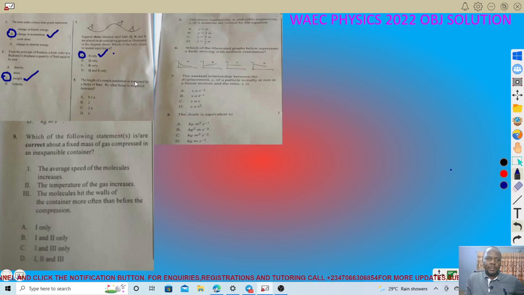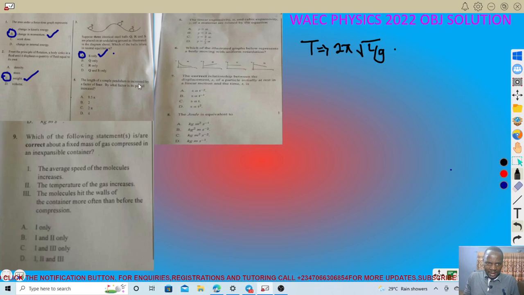Next, guys, next question is 4. The length of a simple pendulum is increased by a factor of 4. Wow. By what factor is its period increased? I will just use direct shortcuts. You know, I'm used to that when I'm doing physics. I don't like wasting time. So directly I can say, since we have learned from experiment that T equals 2 pi root L over g, I have done this under concept 2.